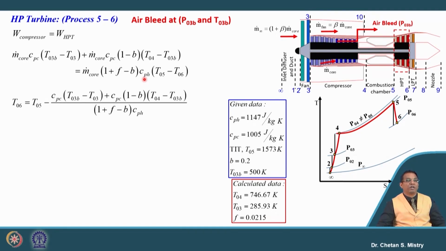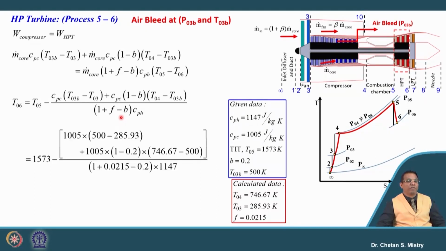Here again we need to be very careful in terms of units. The Cp value we will take in joule per kg Kelvin. If we put these numbers, the temperature at the exit of the HP turbine comes to 1134.2 Kelvin.